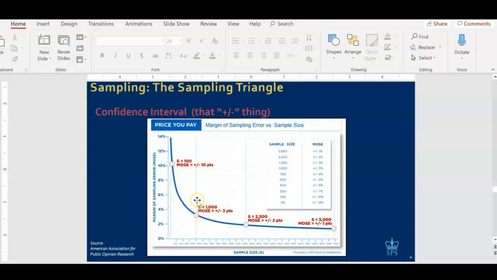If you go down to 1,000 consumers, our error range is 3. At 2,500, our error range goes down to 2 percentage points, and at 5,000, we go down to 1 percentage point. So why don't we interview more people rather than fewer in our quantitative survey?